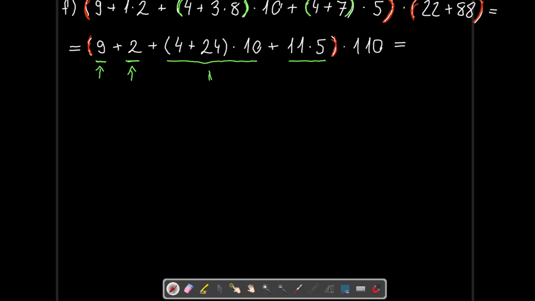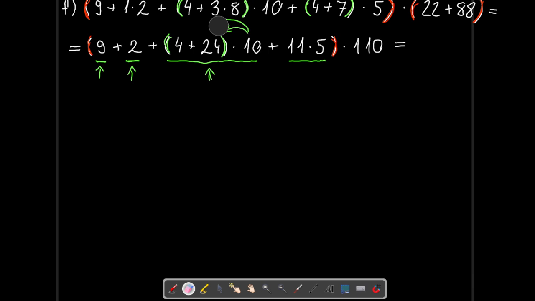We need to solve this bracket first here, or we can also apply the distribution method by just multiplying 10 with each number here.